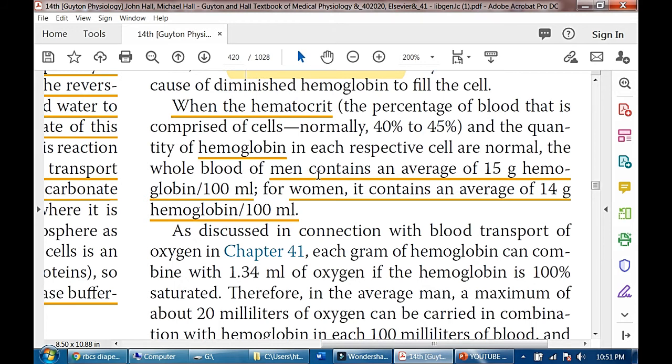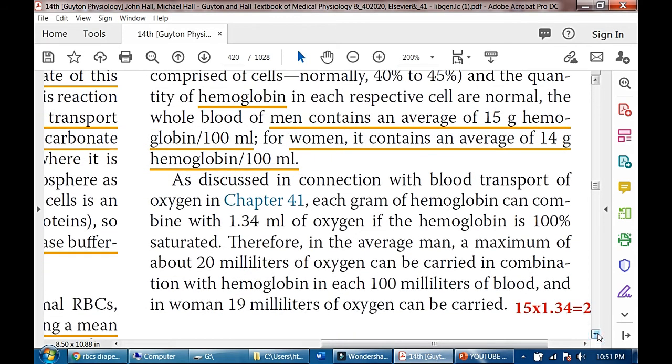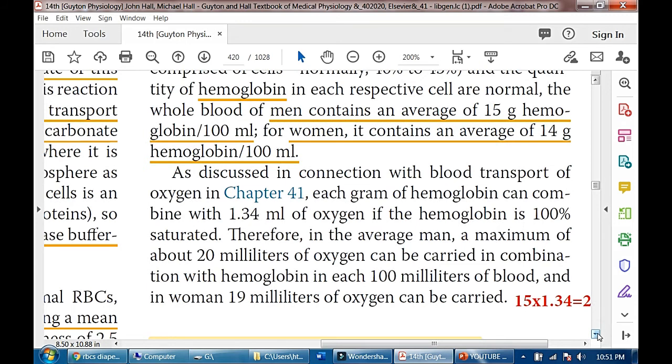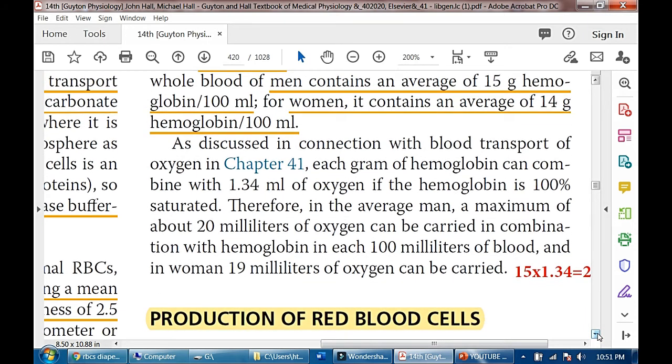What the author is trying to say is that when the hematocrit, the number of cells, is normal in the body, and when the hemoglobin is normal in the body, then the whole blood of the male person is about 15 gram hemoglobin per 100 ml, and for women it contains an average of 14 gram hemoglobin per 100 ml.